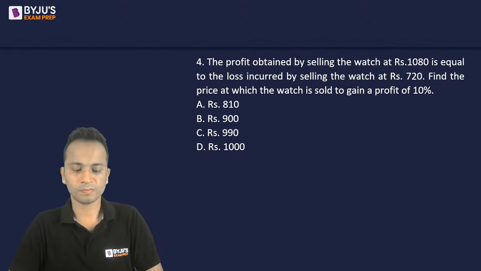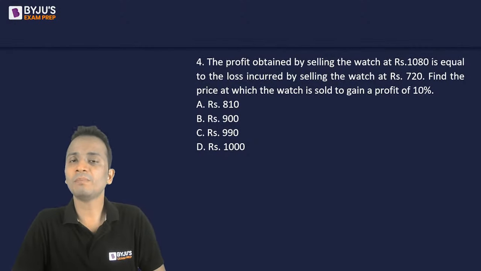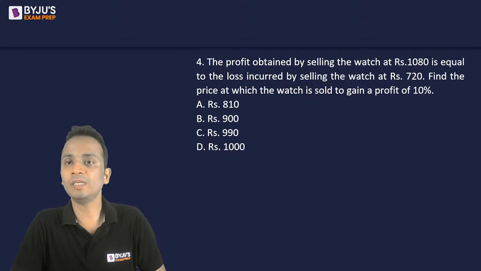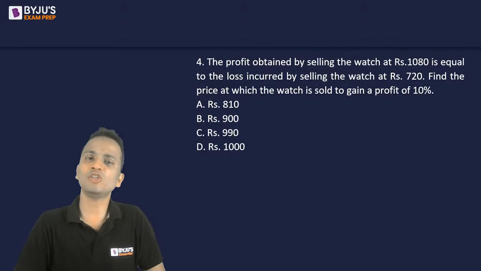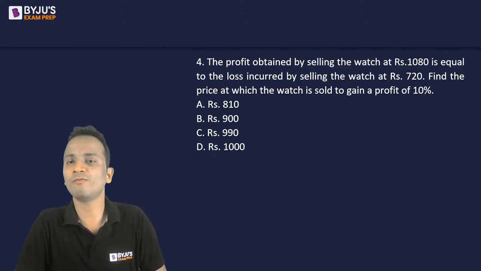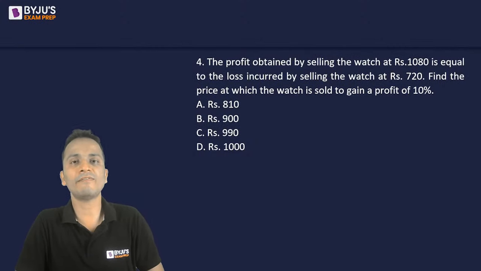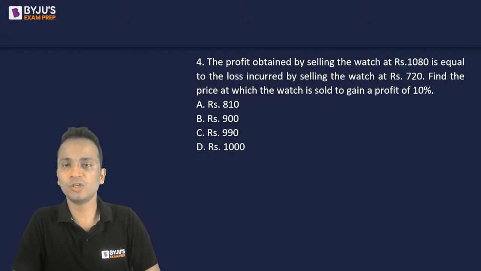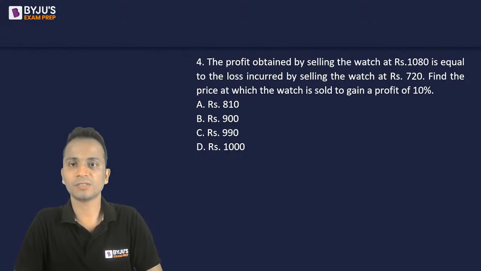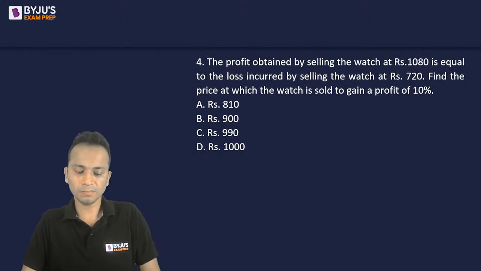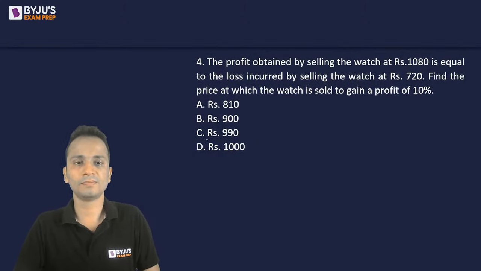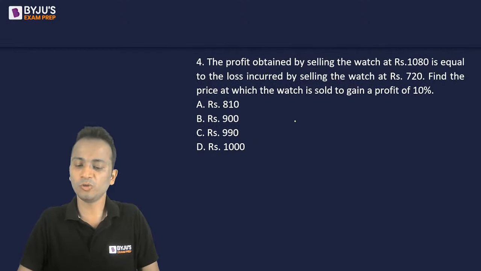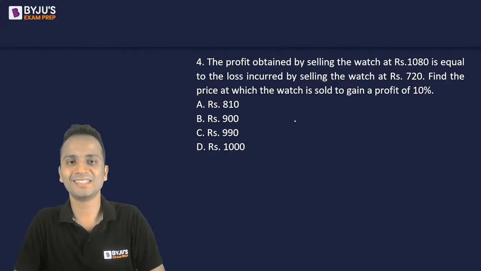Question number 4. The profit obtained by selling the watch at rupees 1080 is equal to the loss incurred by selling the watch at rupees 720. Find the price at which the watch is sold to gain 100%. Quickly go for it. You can solve this question orally.